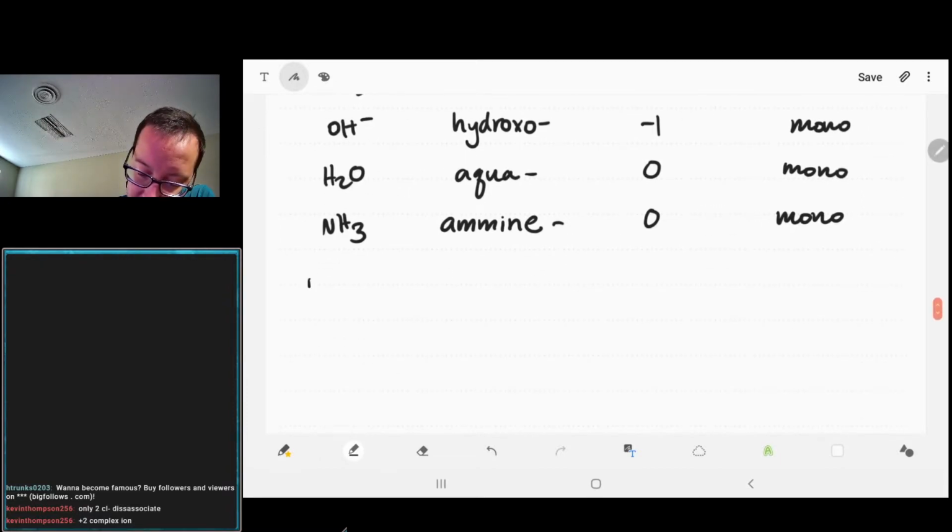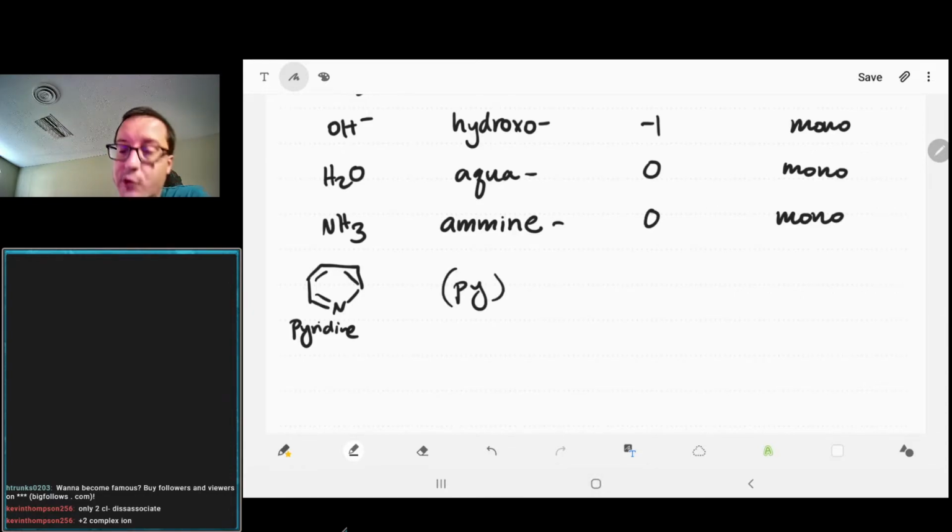We have this guy, which is called pyridine, which we usually just write as PY, or we can just leave it as pyridine. If we're writing a formula, we'll often say PY, but if we're going to fully write out the name, we're going to keep the pyridine.